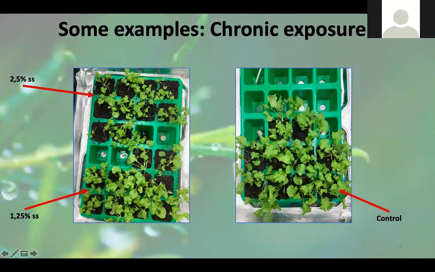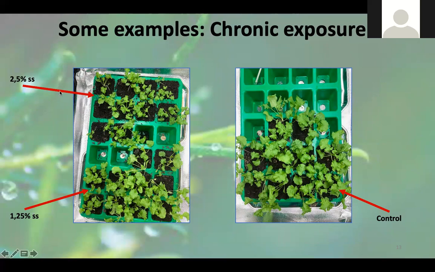Here you have an example of chronic exposure. It was longer, 1 month more or less, and in this exposure, plants are treated with 2 different sewage sludge concentrations, as you can see, added directly to the soil always.